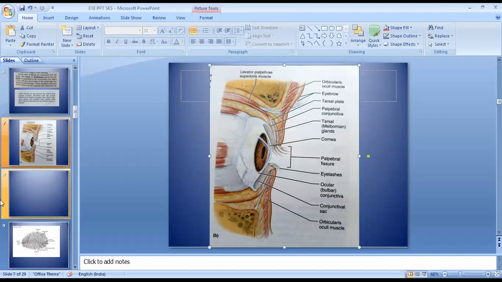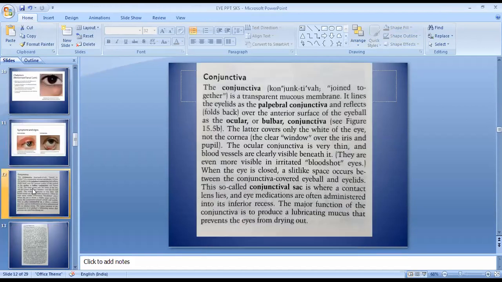So this is the conjunctiva. So conjunctiva is a transparent mucous membrane. It lines the eyelids as the palpebral conjunctiva and reflects, or folds back, over the anterior surface of the eyeball as the ocular or bulbar conjunctiva.